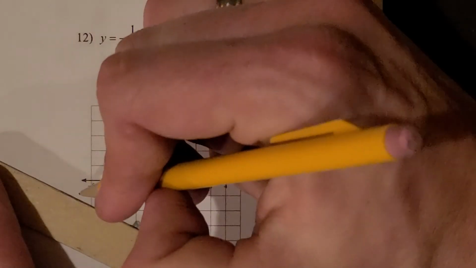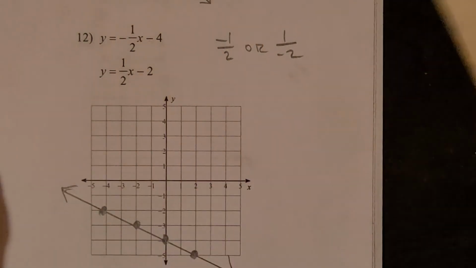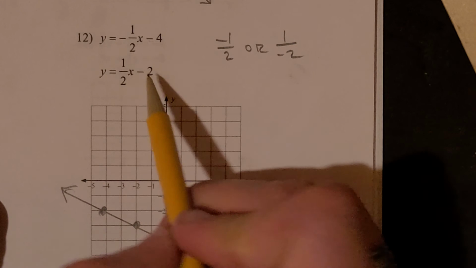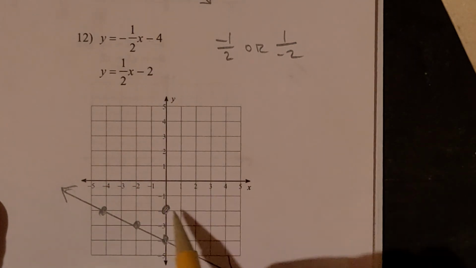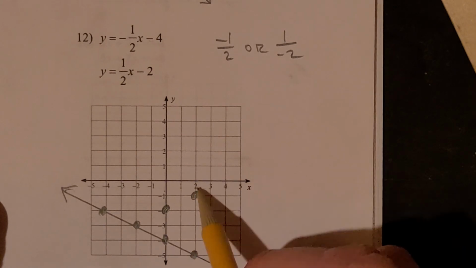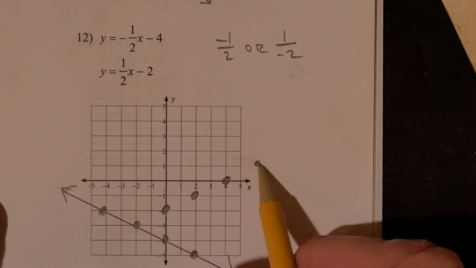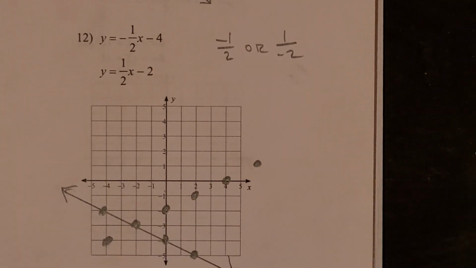Should start bringing a popsicle stick to class next year. Now the last thing here, y equals 1/2 x minus 2, so I'm still starting at -2, and then I have a slope of 1 over 2. So up 1, right 2, up 1, right 2, up 1, right, oh, well it would be here. Or I could go down 1, left 2, down 1, left 2.